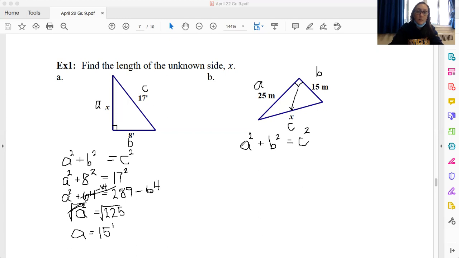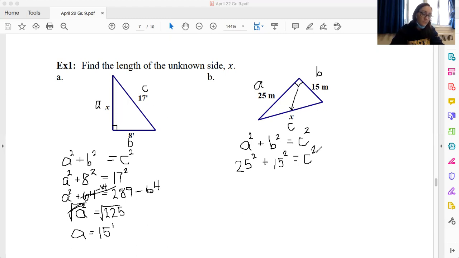Okay, so our formula is A squared plus B squared equals C squared. So we know that our A is 25, so we're going to put 25 right here. So 25 squared. Okay, we know that our B is 15, so we do 15 squared. And then we don't know our C, so the C is going to stay the same.